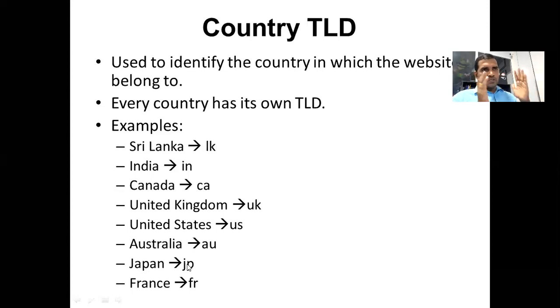So this is the idea, a very simple idea. TLDs are always for identifying 2 things. Some TLDs help us identify the country. Some TLDs help us identify the type or nature of the organization.